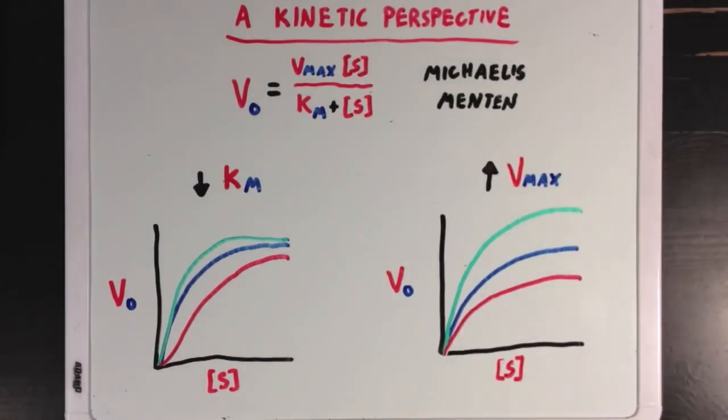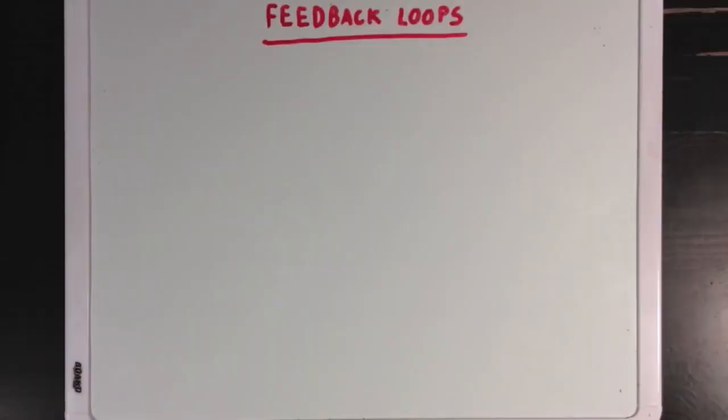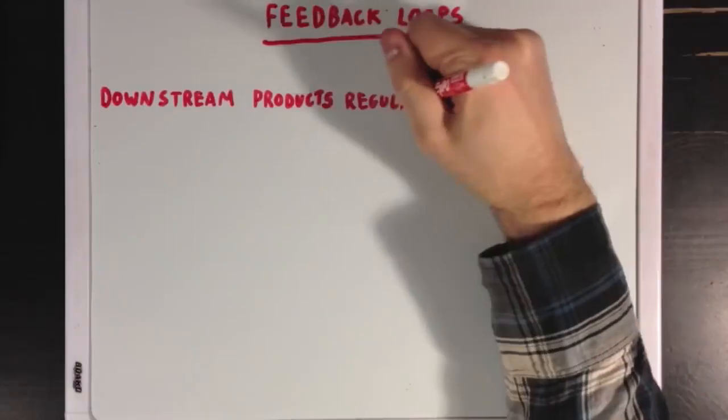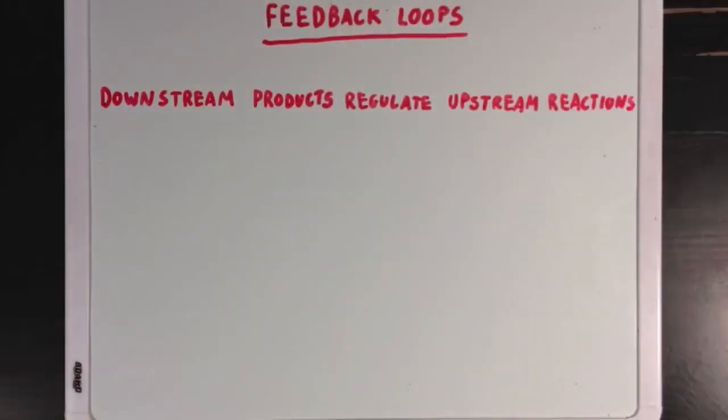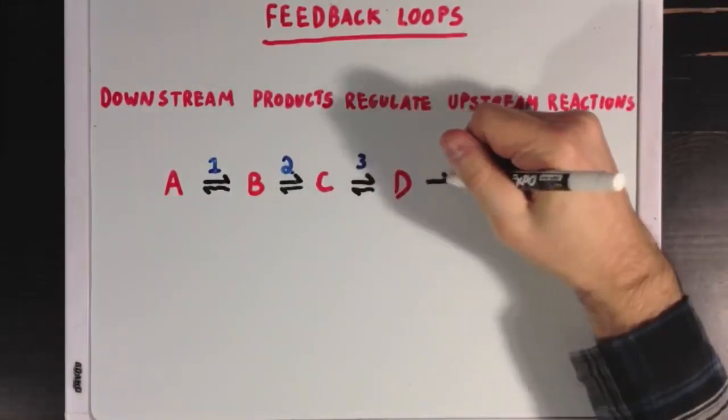So now that we've talked about activators and inhibitors, let's introduce the idea of the feedback loop. And the basic idea is that a feedback loop is when you have downstream products regulating upstream reactions. And I understand this can be a mouthful, so let me show you this little reaction sequence where we have A forming B through reaction 1, and B forming C through reaction 2, and so on and so on.